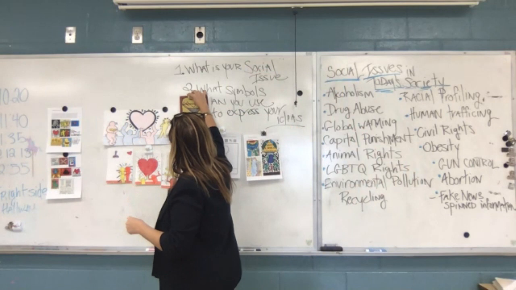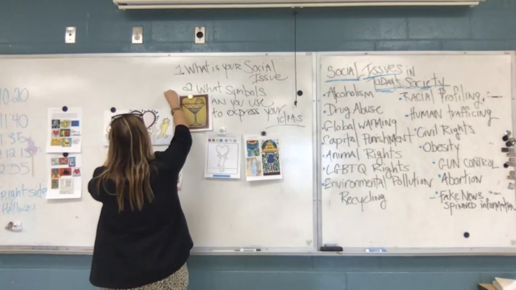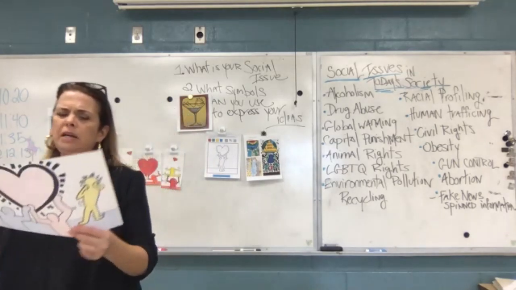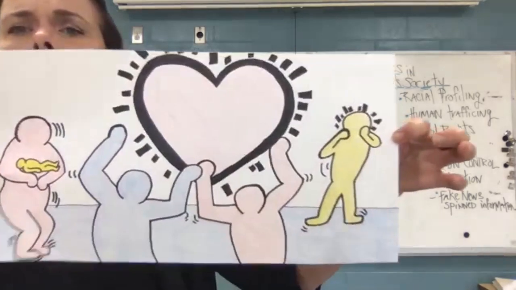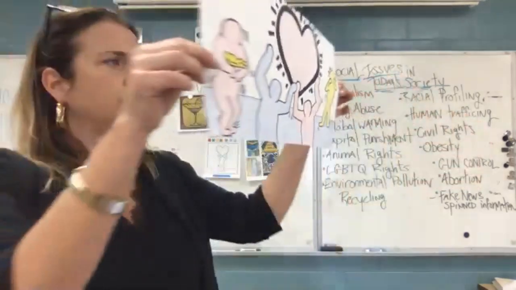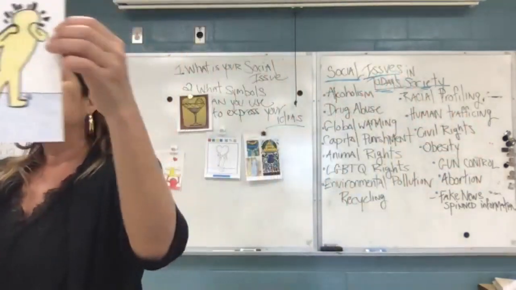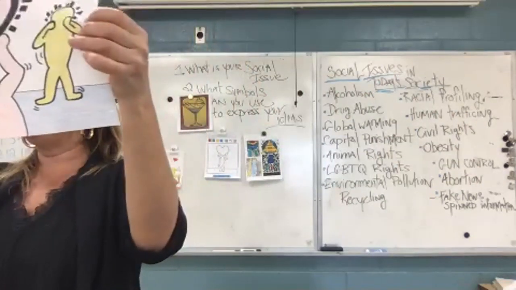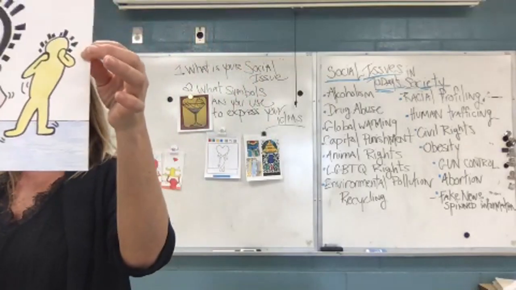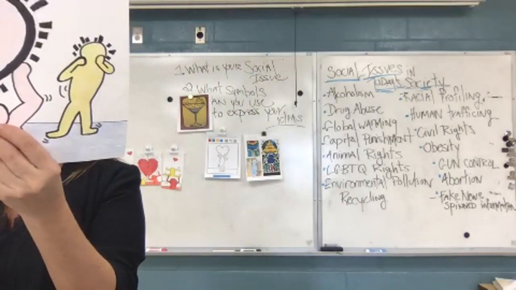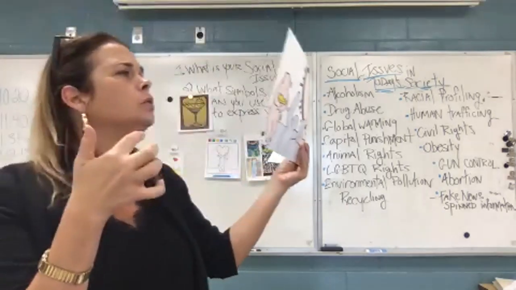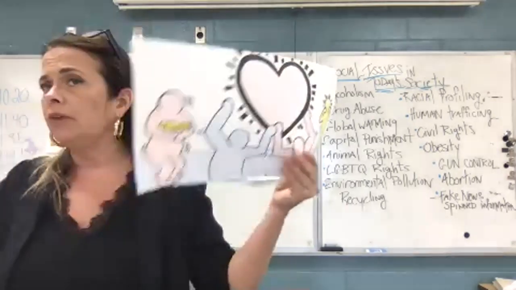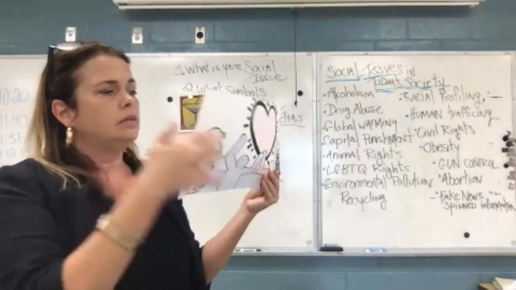From the Keith Haring inspired imagery, you should kind of be able to tell, or at least it makes you look a little bit harder. I'm going to hold this one up. So we've got two figures holding up a heart in the middle, and then we have this person over here that's kind of got a shock stance, and then this person that's holding a baby that doesn't have these little active marks around it, which he typically would have, like his bouncing or radiating baby always had these little signs around it.